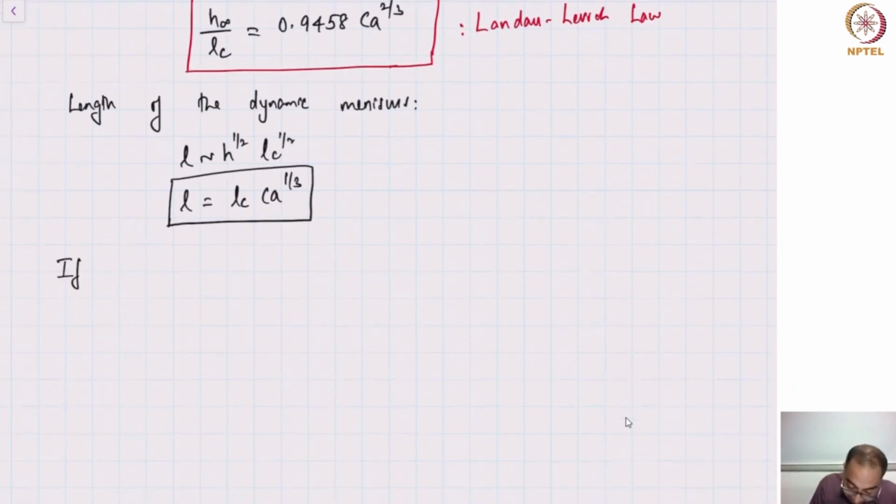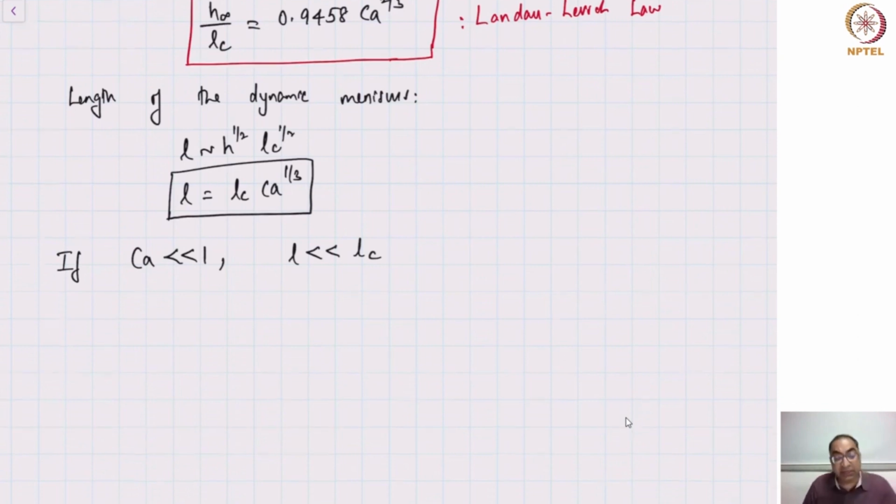Therefore, if capillary number is very small, L is very small compared to LC. So this is within the approximation that we have made of the dynamic meniscus. And strictly speaking, we need capillary to the 1 by 3 to be small.